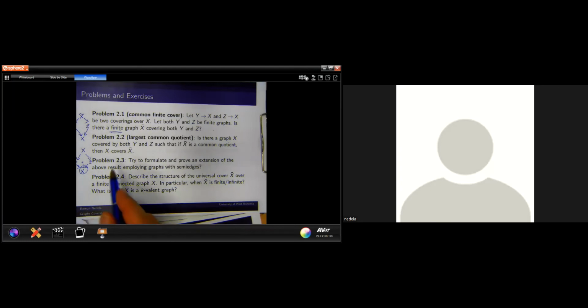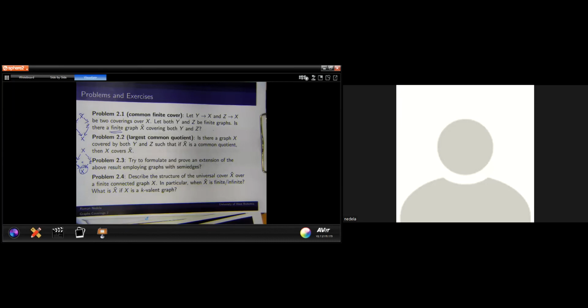There is another problem. Try to formulate and prove an extension of the above result employing graphs with semi-edges. By the above result, I mean, I restricted to graphs without semi-edges. So what does it say about Grushko theorem for free products of a certain number of Z2s and a certain number of Zs?